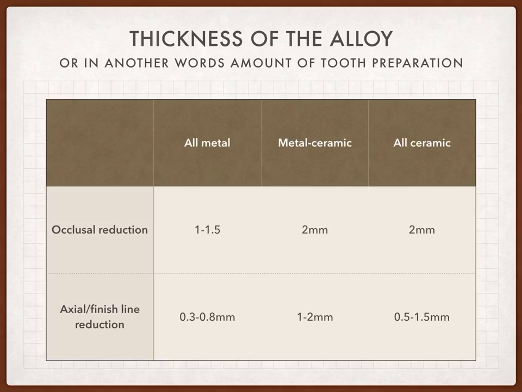For the metal ceramic restorations and all ceramic restorations, we should do a 2 millimeter and 2 millimeter reduction respectively to have a good thickness of the restoration, while axially and at the finish line area we should do a reduction of 0.3 to 0.8 millimeters for the all metal restorations, 1 to 2 millimeters for the metal ceramic restorations, and 0.5 to 1.5 millimeters for the all ceramic restorations.